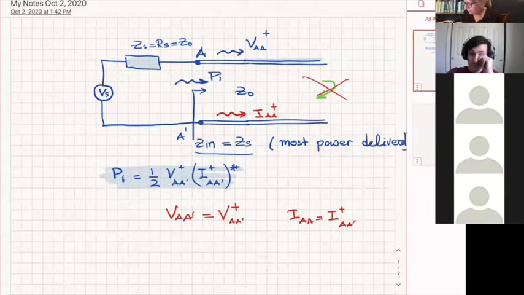All right? So, yeah, because A and A prime indicate the entry point into the line. It's the beginning of the transmission line. On the diagram, they're all AA, not A prime. VAA, it's not VA, and IAA.